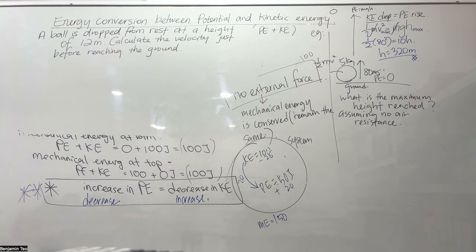A ball is dropped from rest at a height of 12 meters. Calculate the velocity just before reaching the ground.